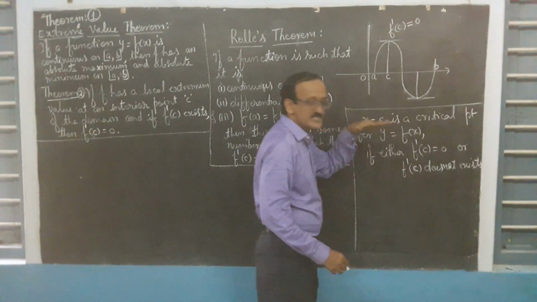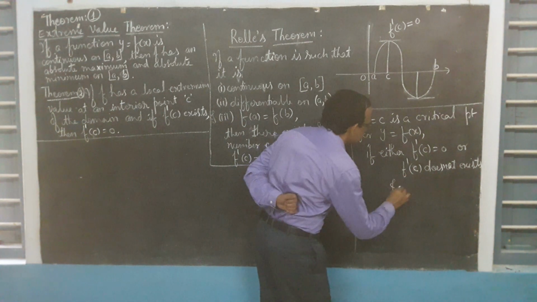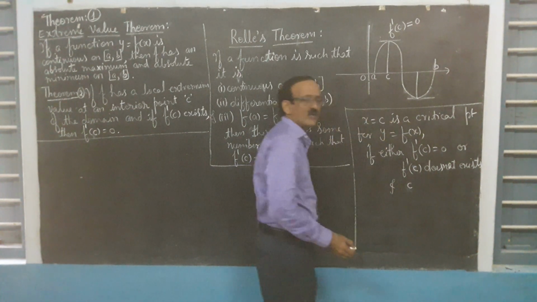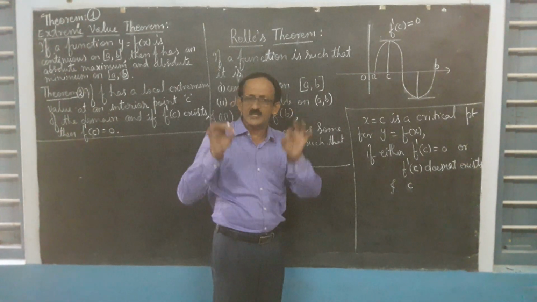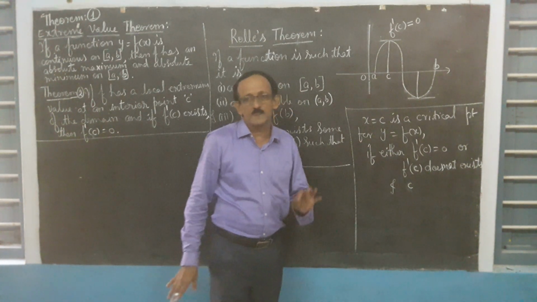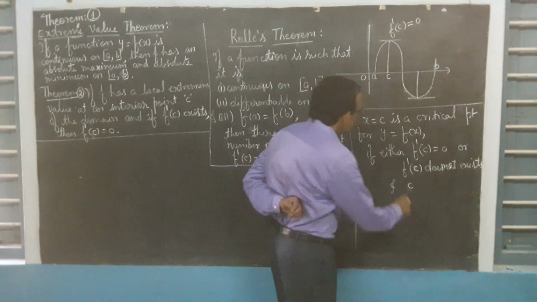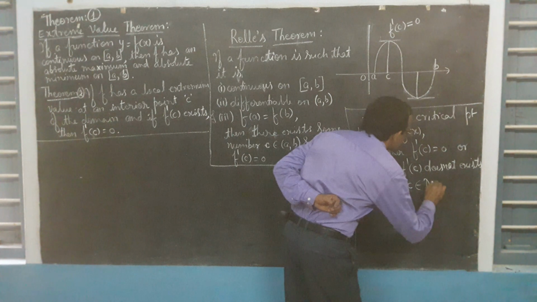And in addition to this, we have one more condition: c is the number which you claim as a critical number, and c must be in the domain of the function.